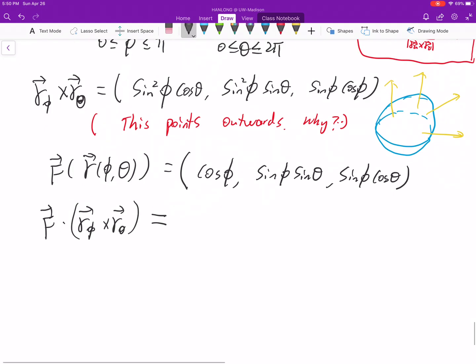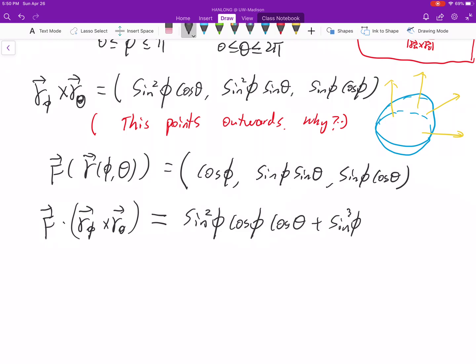You do have sine phi cosine phi cosine theta, plus sine cubed phi sine squared theta, and plus sine squared phi cosine phi cosine theta. Let's see if we are in good shape. Yes.